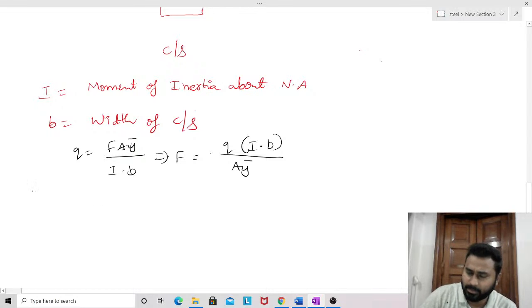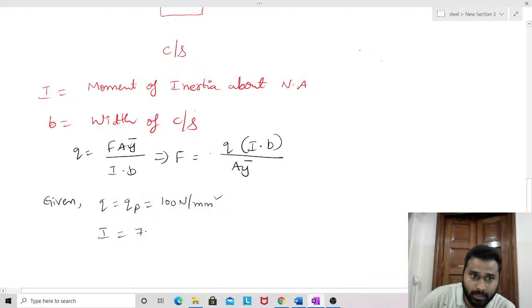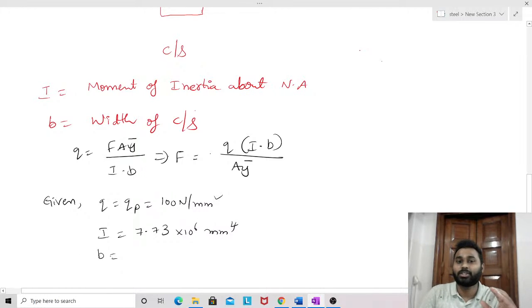Now, given. First let me write the given information. Q here is nothing but QP, how much? 100 MPa or Newton per mm square. And I is how much? 7.73 into 10 to the power 6 mm to the power 4. Okay. Now B. Here B is nothing but the cross section, or the width, in which the failure is taking place.